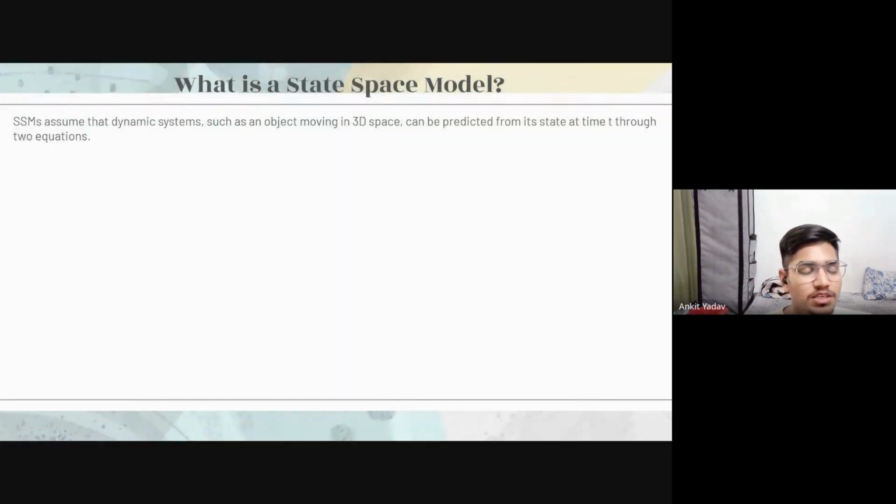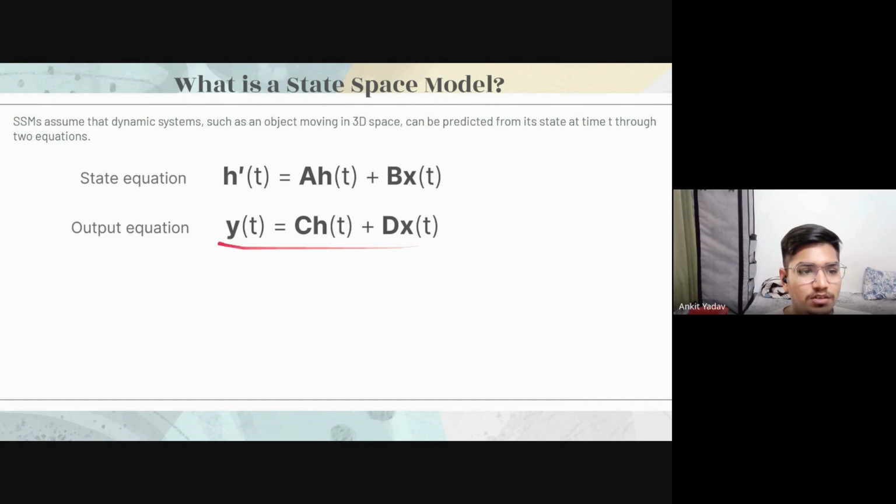There's a very prominent use of these two equations in the future. Right now these are just normal equations, but how this works is we have a state equation which helps us predict the new state. We'll call it the hidden state ht.